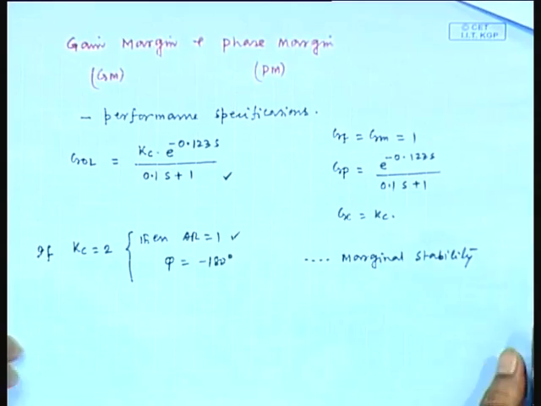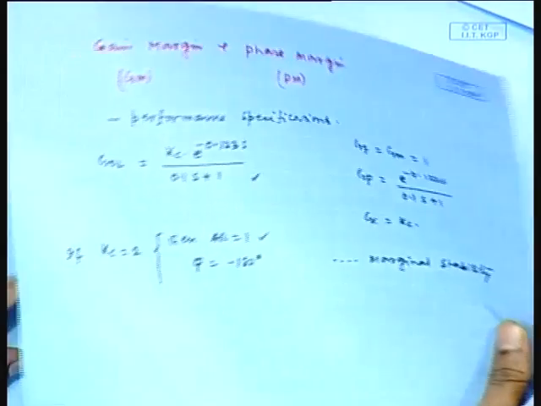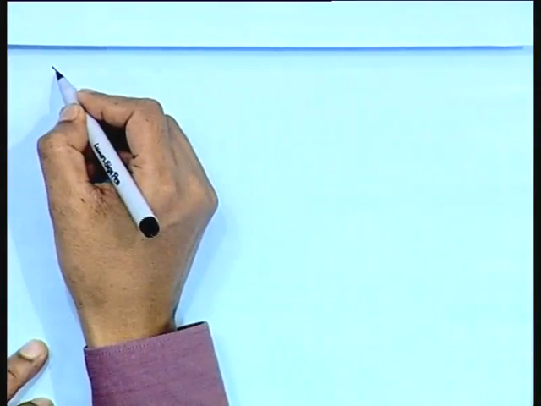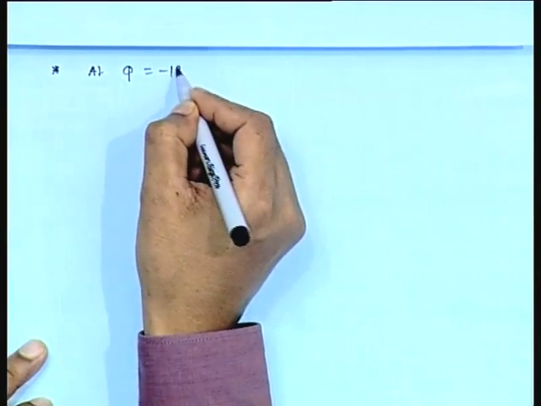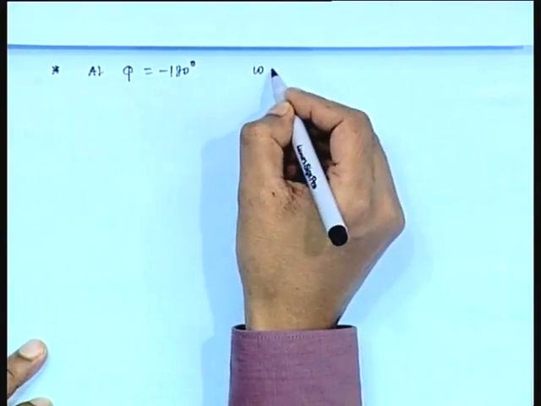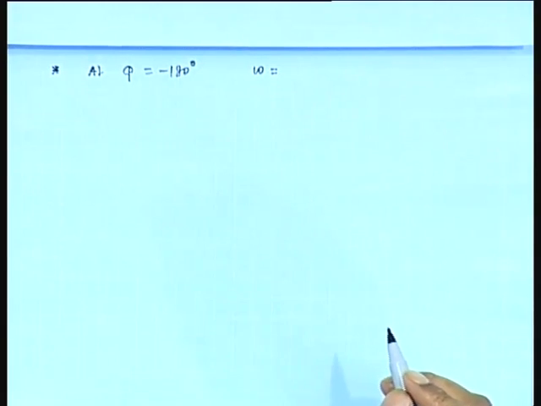Fine. Okay. Now, at phi equals minus 180 degree we obtain the crossover frequency.